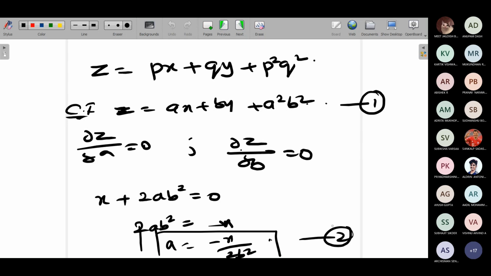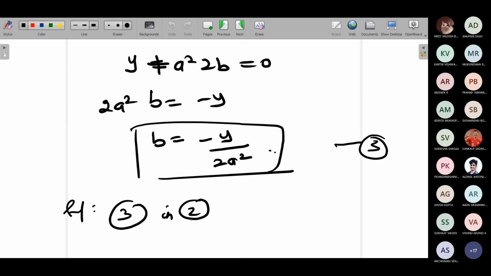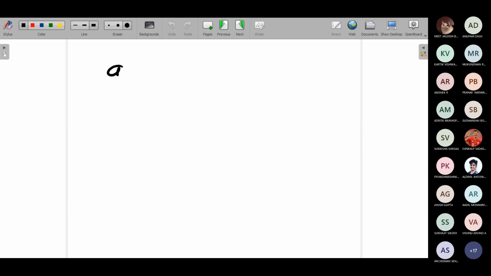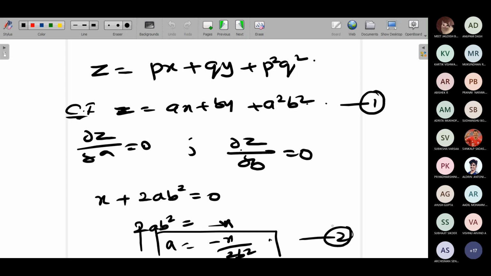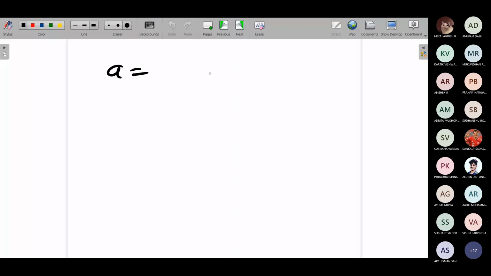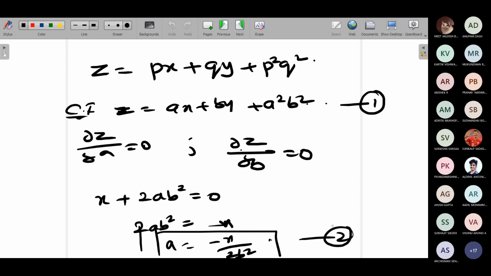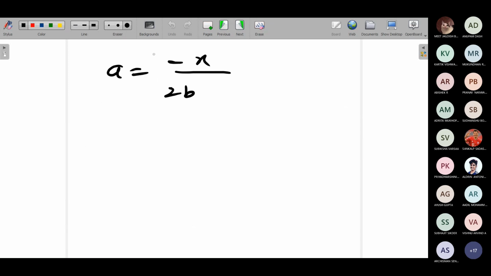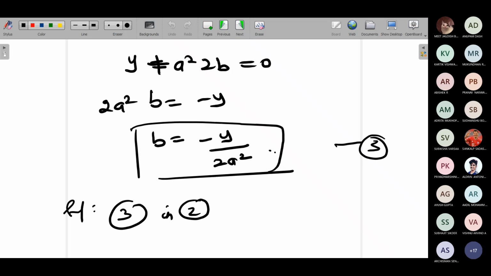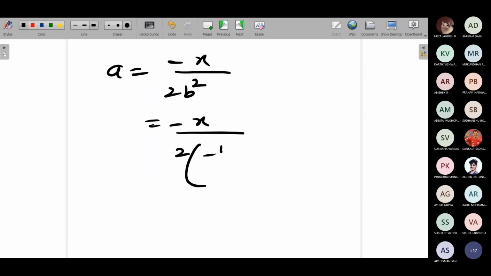So what will happen? You substitute 3 in 2, you'll get a is equal to minus x by 2b square. What's the value of b, ma? Minus y by 2a square, the whole square.